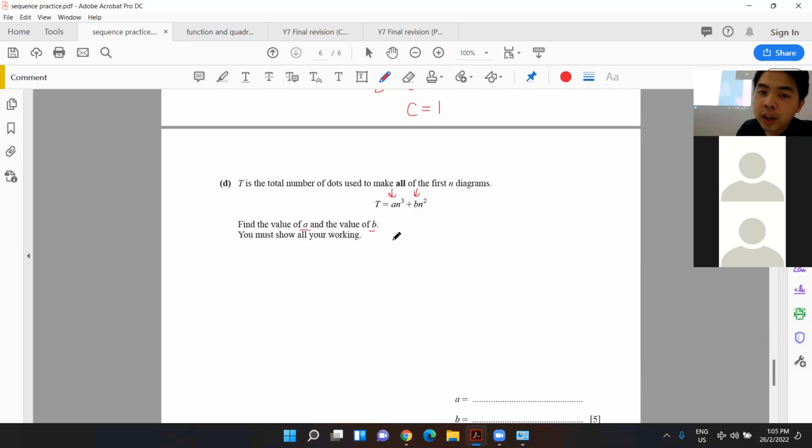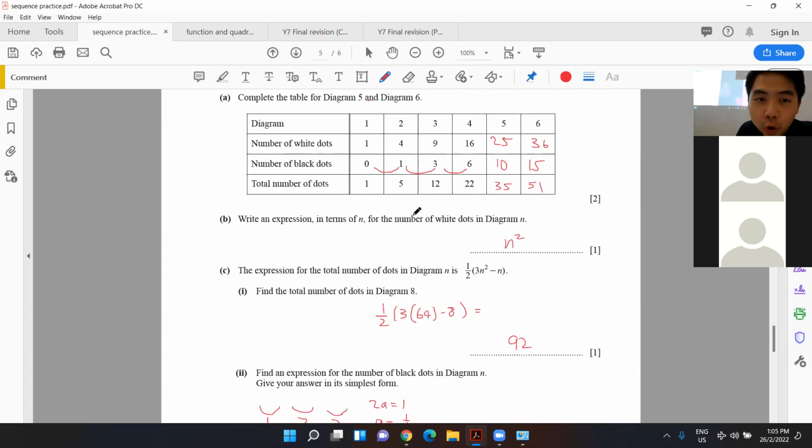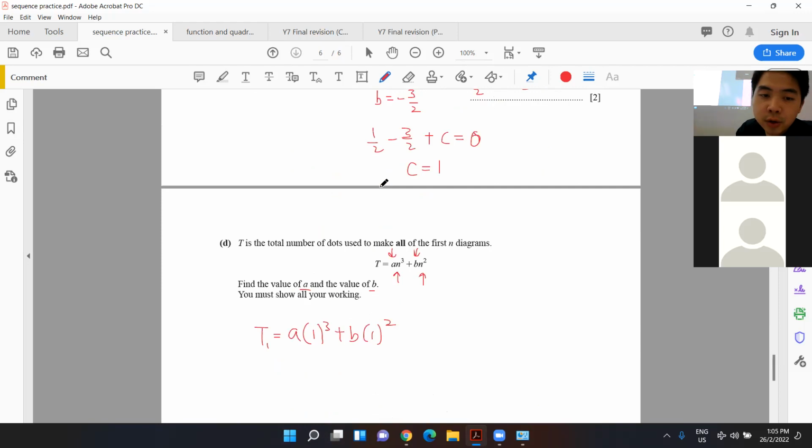You are going to substitute numbers into your n. T1 equals a times 1 cubed plus b times 1 squared, and T is the total number of dots accumulated, which here is 1. So a plus b equals 1.